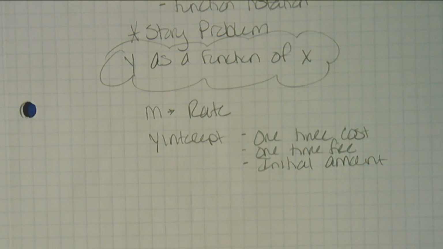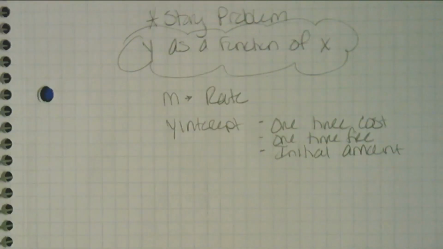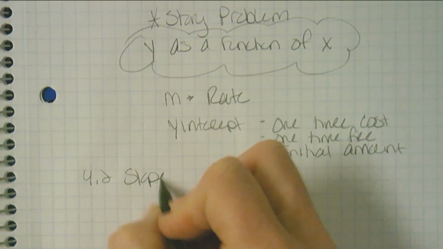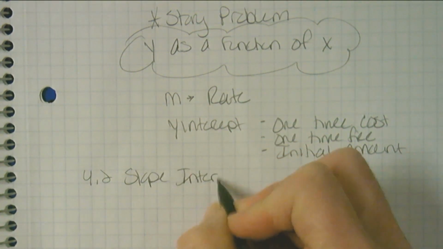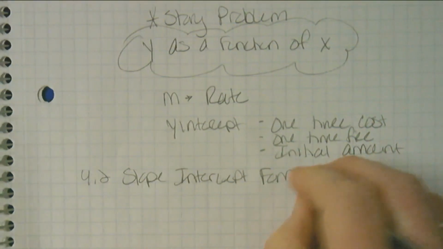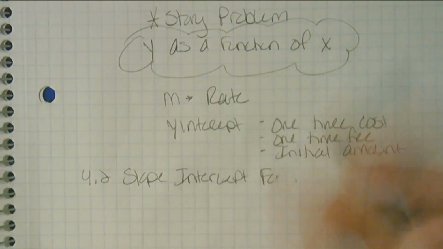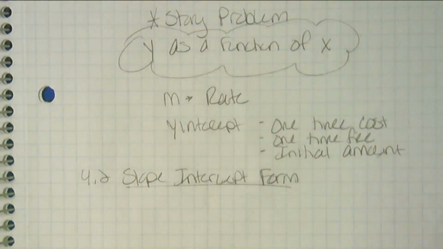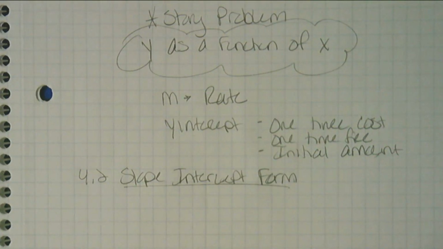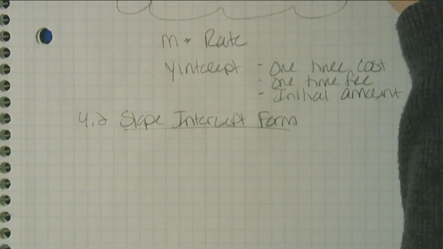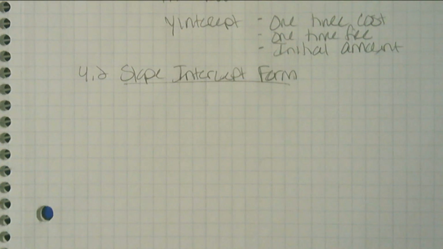From there, we looked at in 4.2 slope-intercept form. Every year, I question whether I need to teach you slope-intercept form, only because it's not all that common. It's just handy, because if you're not given your y-intercept, you don't have to find your b value through slope-intercept.